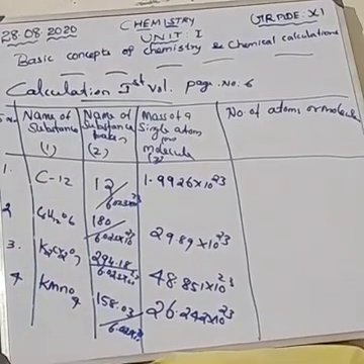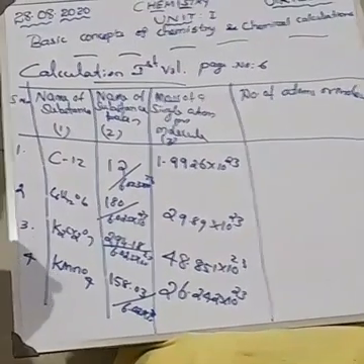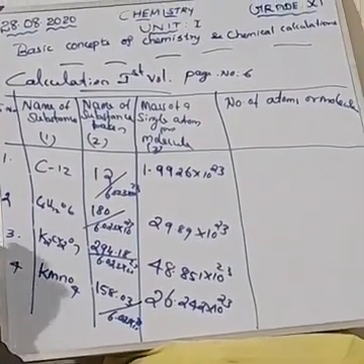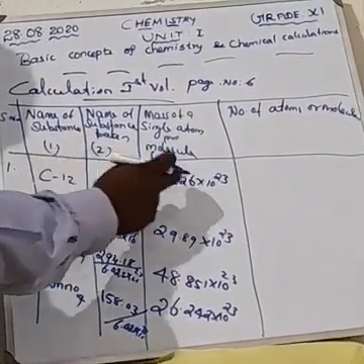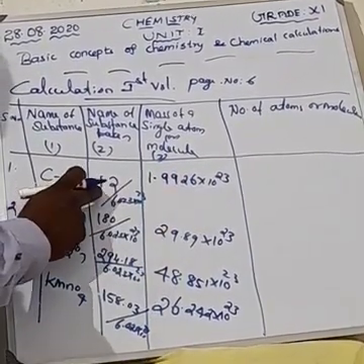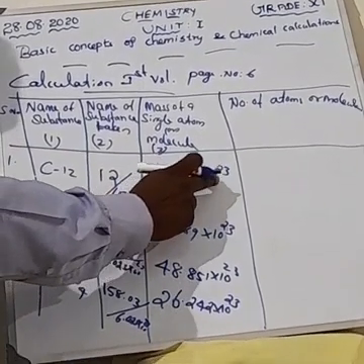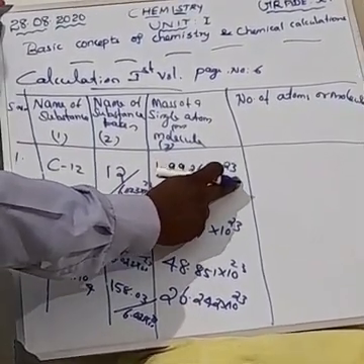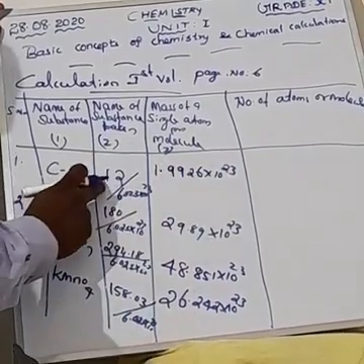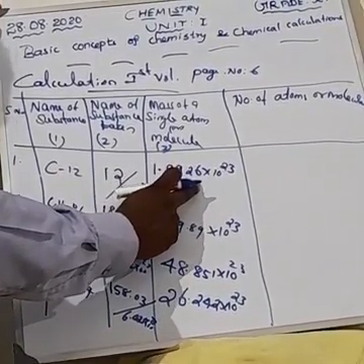Anyhow, what is the third one? Divide 2 by 3, this value divided by this value. That means 12 divided by 1.9926 into 10 raised to 23.